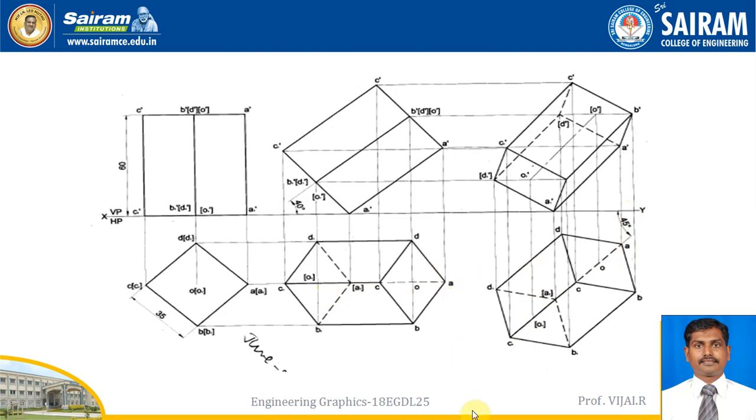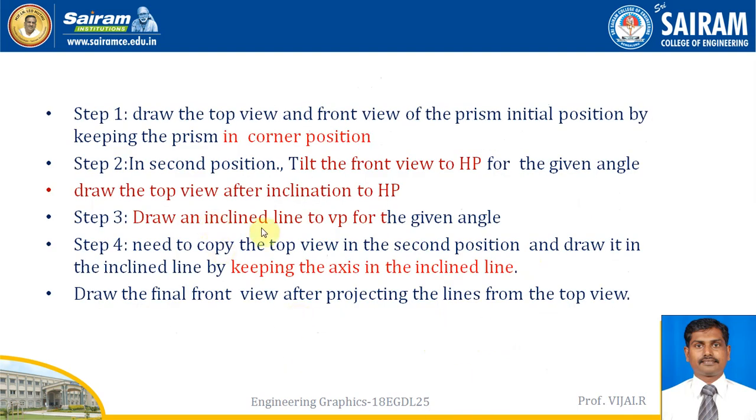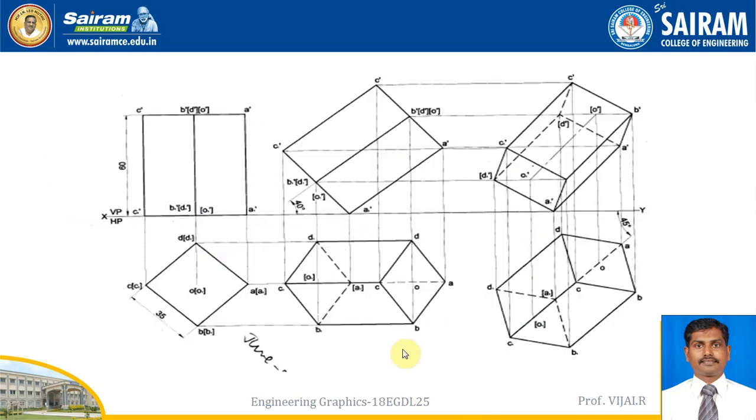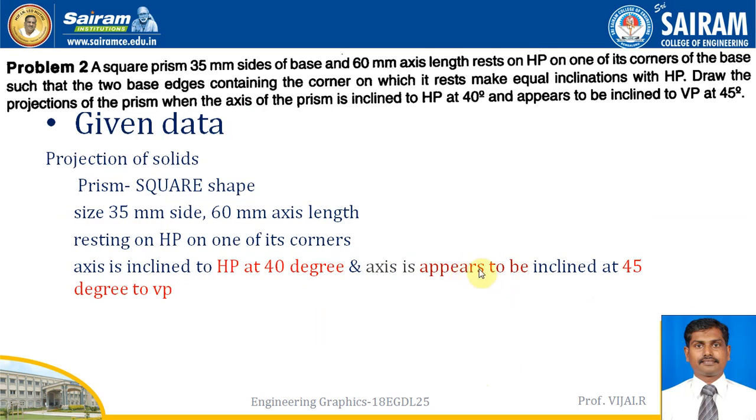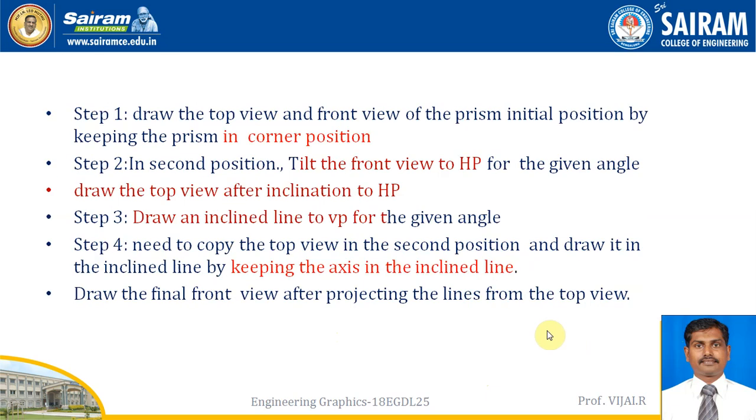So I am tilting this top view here. Before tilting, we have to draw an inclined line to VP for the given angle. Since it is given as 45 degrees, we have taken 45 degrees here. So check with the question what is given. Appears to be inclined at 45 degrees is given, so 45 degrees.